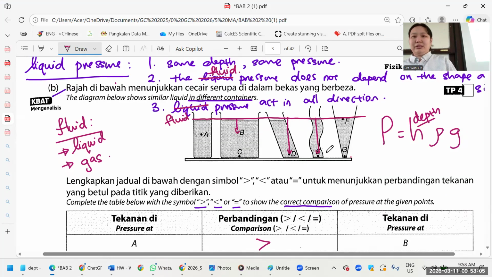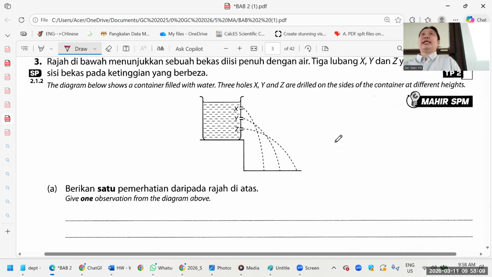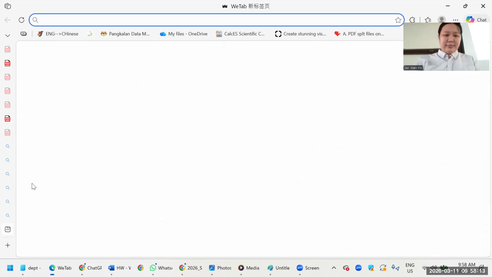But seems you understand. So now you will see here we have a container filled with water.